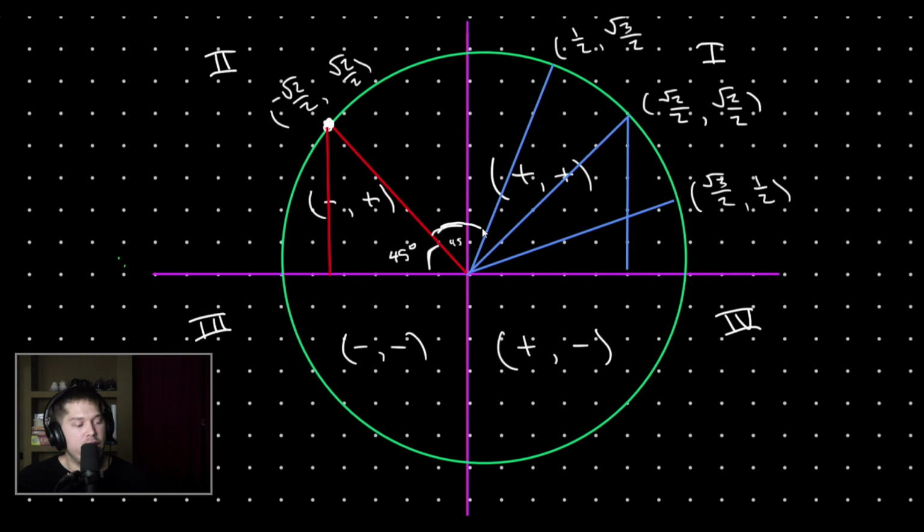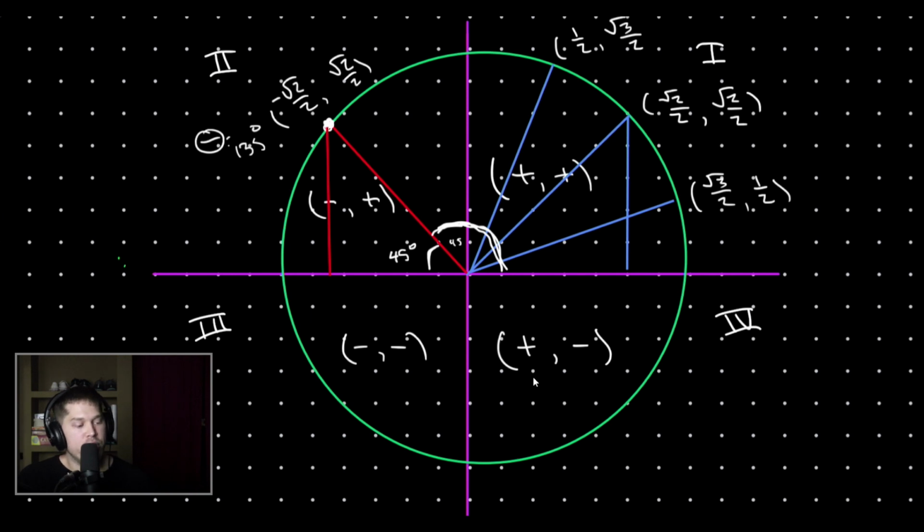Therefore, this full angle is 90 plus 45, which is 135 degrees. So theta equaling 135 degrees means that the cosine is negative root 2 over 2, and the sine is root 2 over 2.